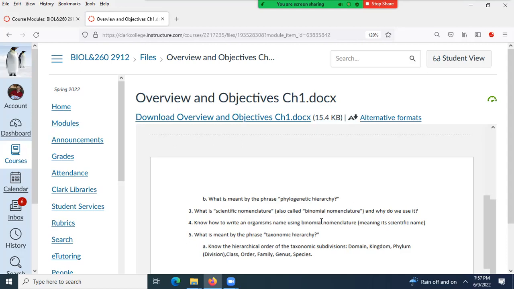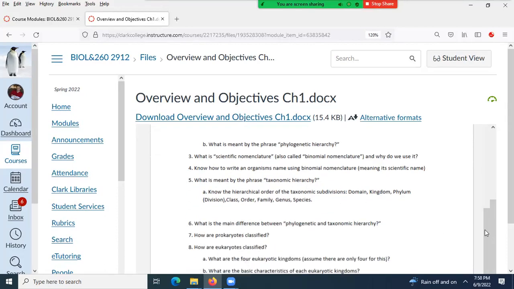You should know about the binomial nomenclature and how we name organisms using 2 names. The first being the genus name, and then the second being the specific epithet. And you need both to name the species.